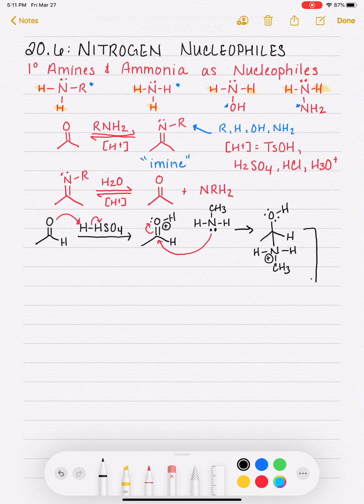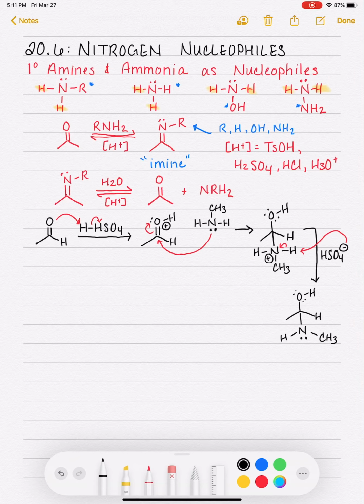The deprotonated sulfuric acid, HSO4-, or whatever acid you used for this reaction, is going to come in and grab one of the hydrogens off the nitrogen, break that nitrogen-hydrogen bond, and get rid of the positive formal charge on the nitrogen. So that's looking pretty good.